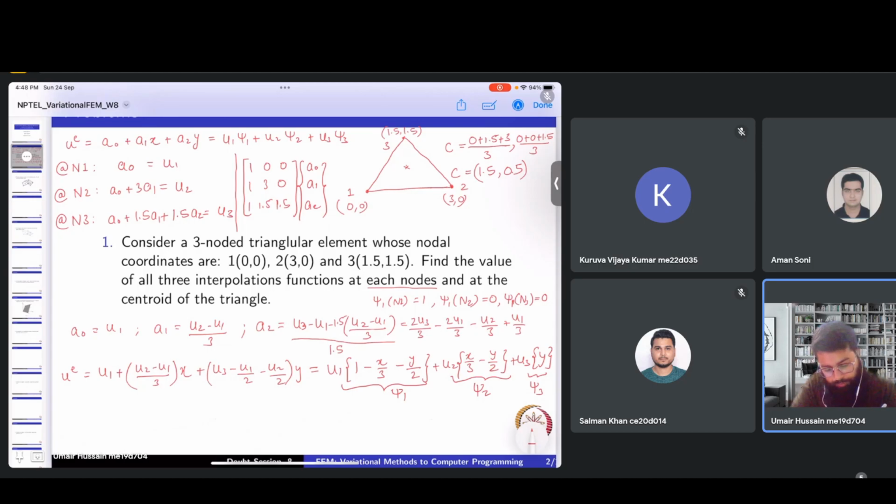So this is 2 by 3 U3, and we'll merge the U1 term. We'll be left with minus 2 by 3 plus 1 by 3, which gives us minus 1 by 3, right? Okay, so we have to modify our psi 2.